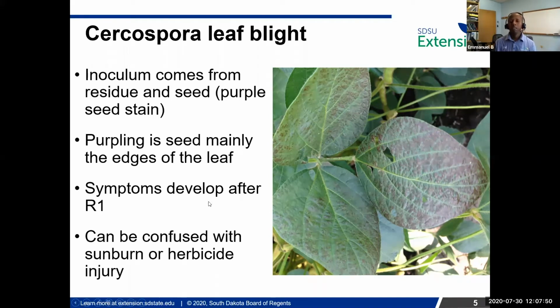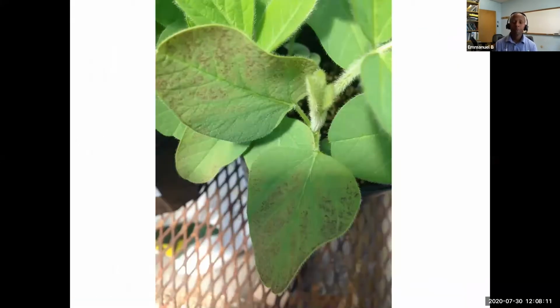It's also a disease we see a little bit later in the season. Early on in the season, it may be there, but symptoms are not very clear. However, as the season progresses, you might see this purpling of leaves at the edges, and that can be due to Cercospora leaf blight.